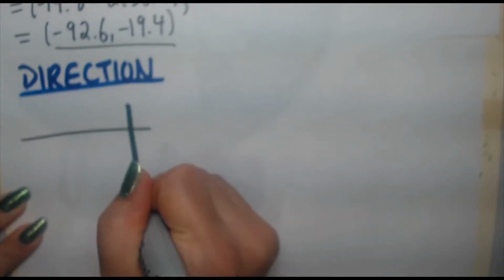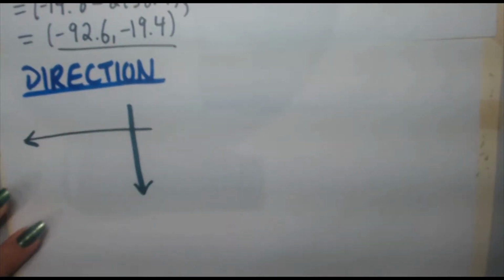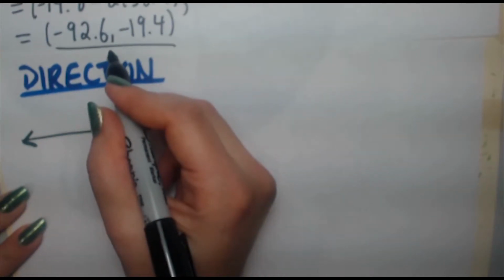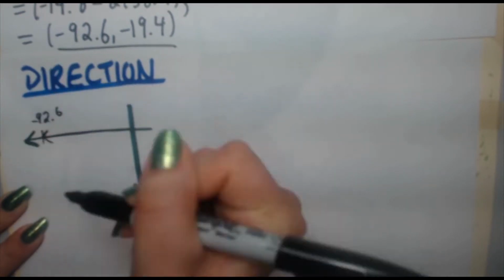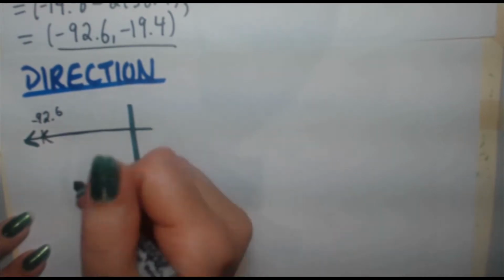Okay, so I'm actually just going to go ahead and draw it like this since I know what quadrant it's going to be in. So x, negative 92.6. Let's say we go like this. So there's our negative 92.6. And now we go down negative 19.4.